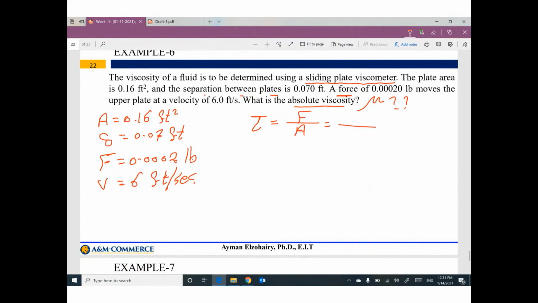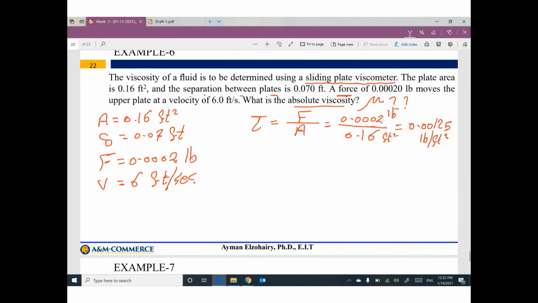What is the value of F? 0.0002 divided by area 0.16. This value will be 0.00125, with F in pounds and area in square feet. So this will be pound per square feet.